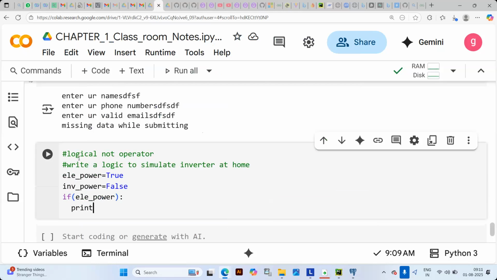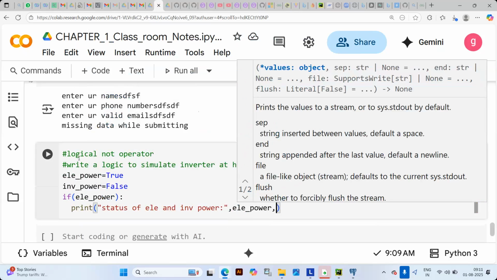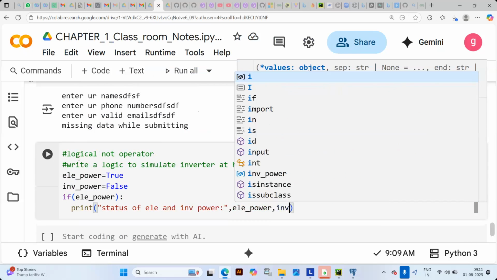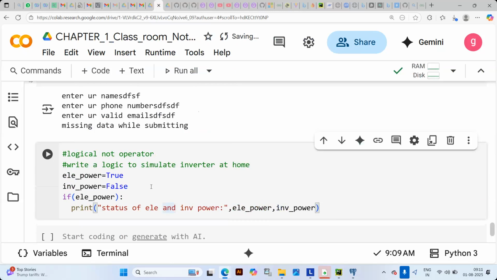It will print the status of electrical and inverter powers, which means electrical power, comma, inverter power. Yes or no?